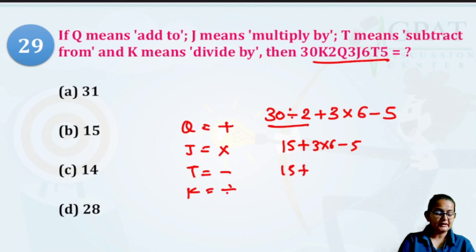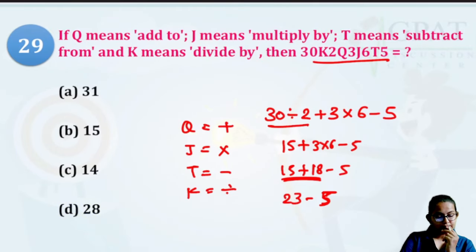Then comes multiplication first, 18 minus 5. Then comes this addition, 23 minus 5. Yes, I am correct, right? Is there some issue? 30 divided by 2 is 15 plus 3 into 6.